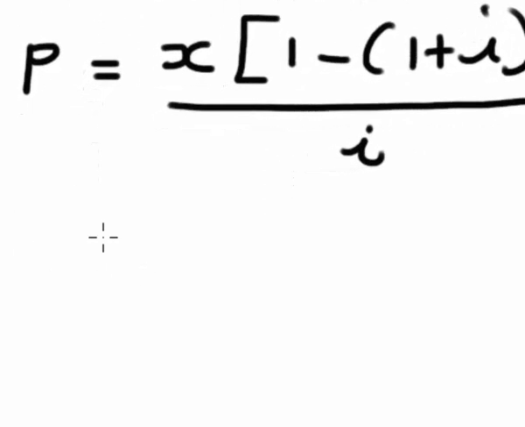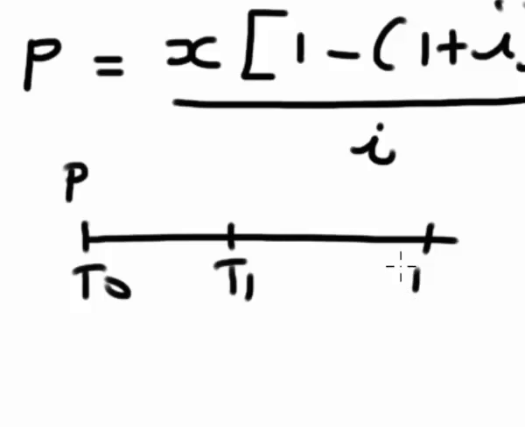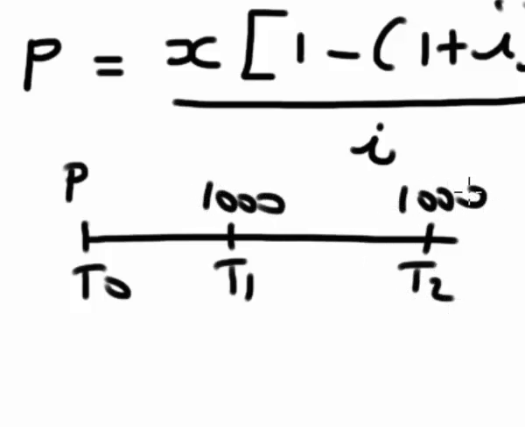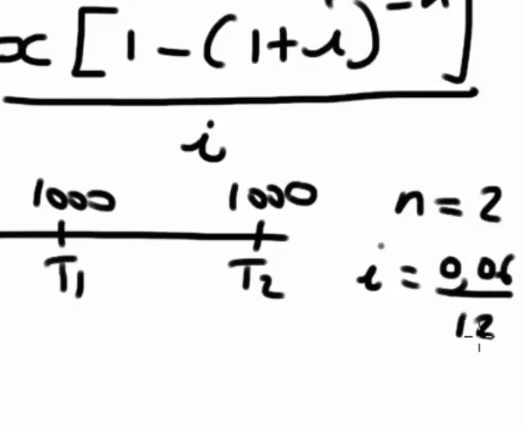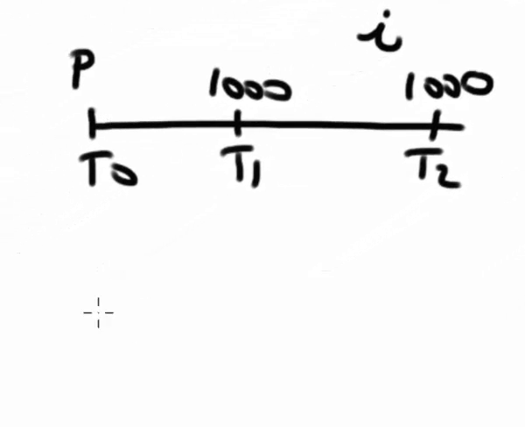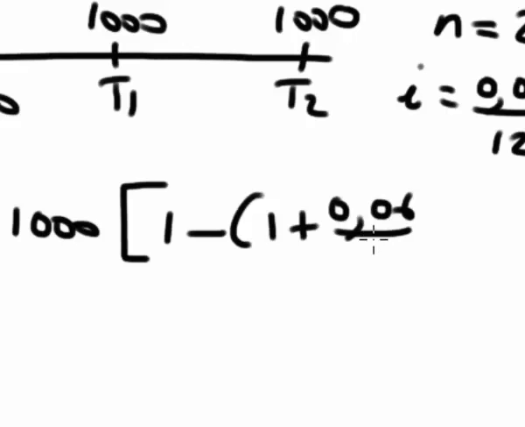Now if you take a timeline again, I want to show you, here we go. The loan, P, was repaid by means of 2 payments of 1,000 Rand, 1 month after the granting of the loan. The number of payments was 2. Your interest rate is 0,06 over 12, and we want to find the value of P. So all we do is we say P is equal to the monthly payment, which is 1,000, 1 minus 1 plus 0,06 over 12.